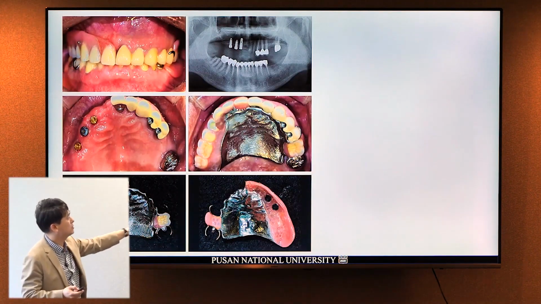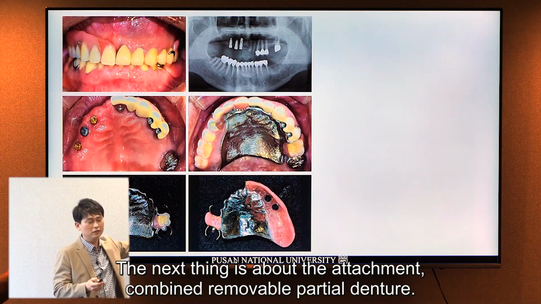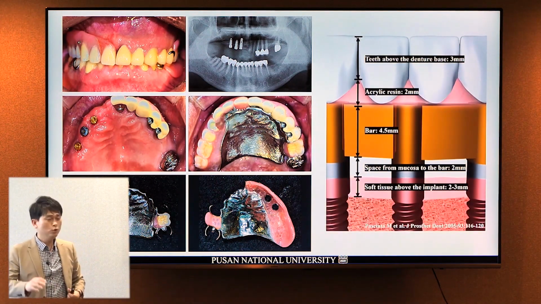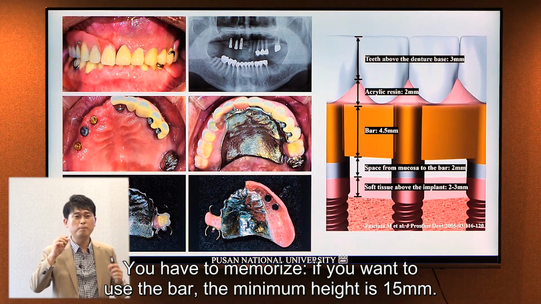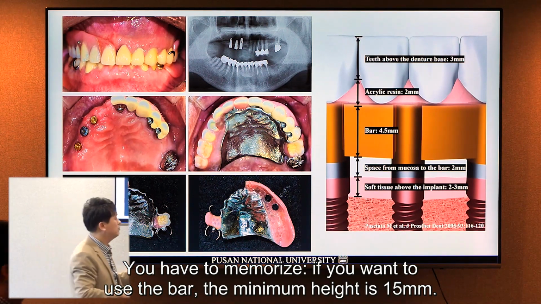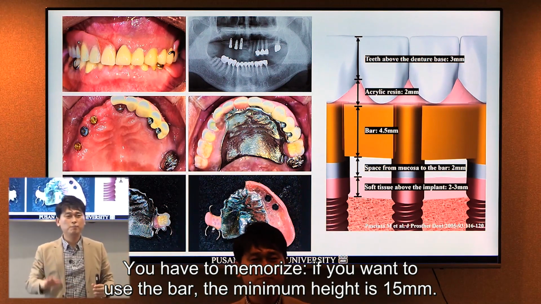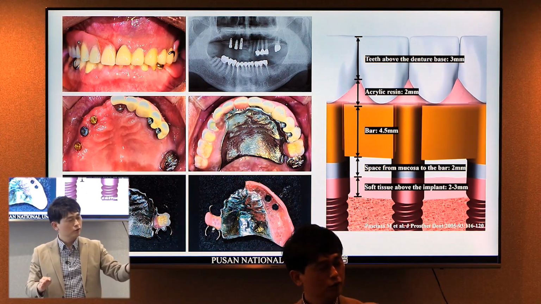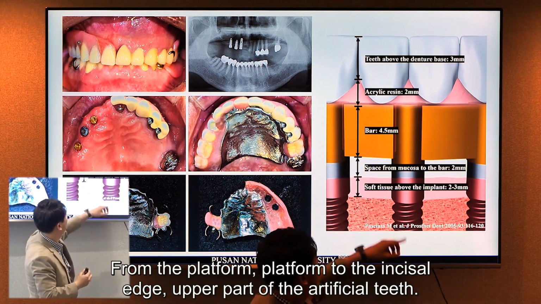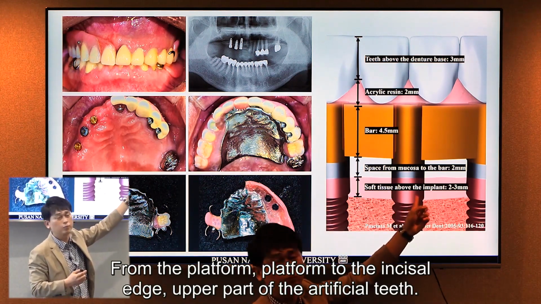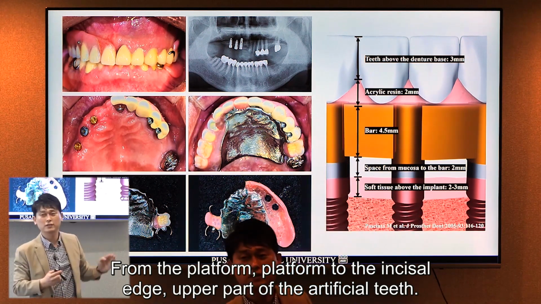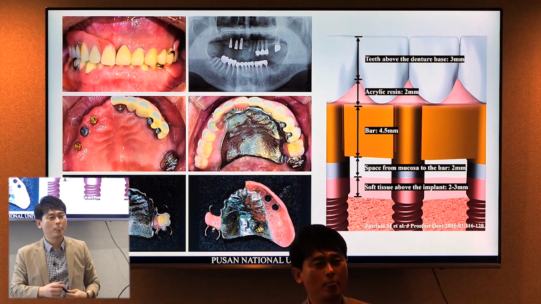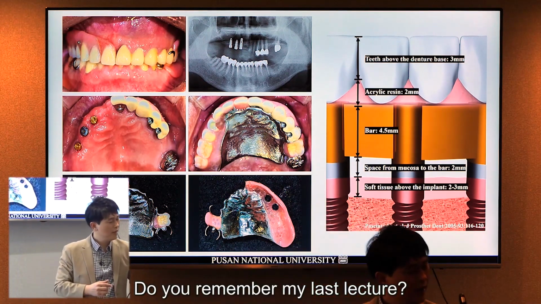So the next thing is about the attachment combined with partial denture. You have to memorize this. If you want to use the bar, the minimum height is 15 millimeters, from the platform to the incisal edge of the artificial teeth. Do you remember my last lectures?